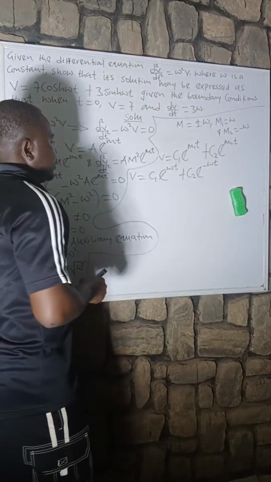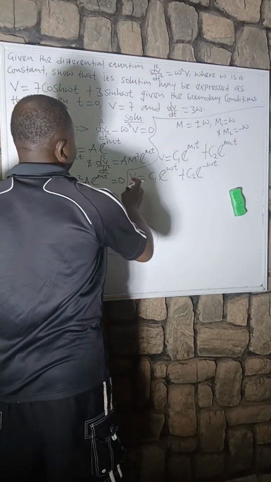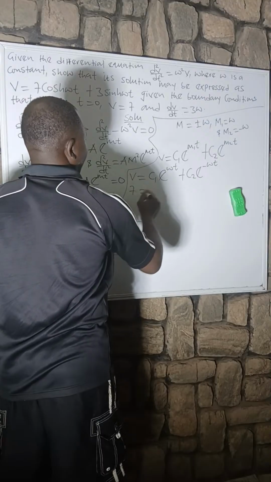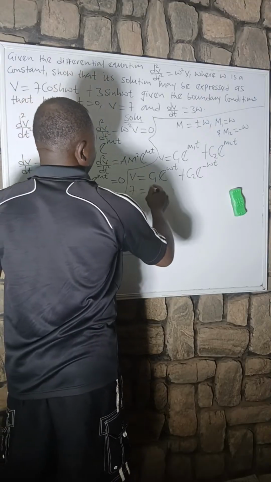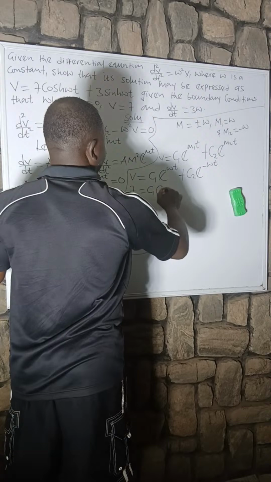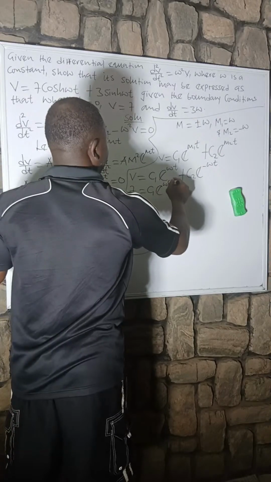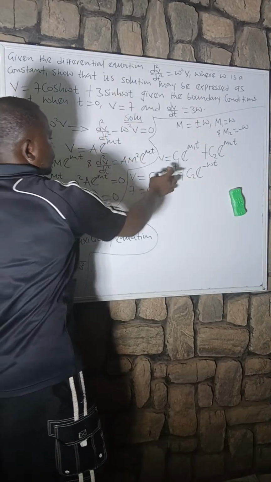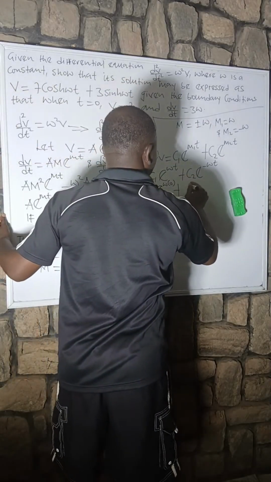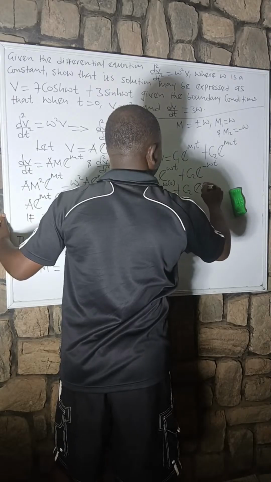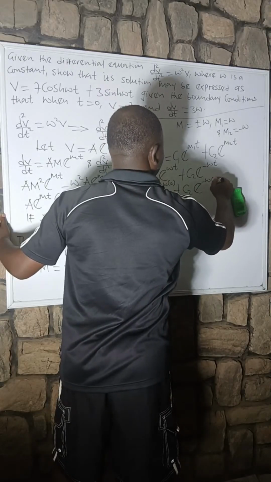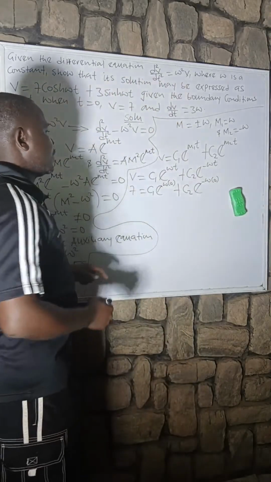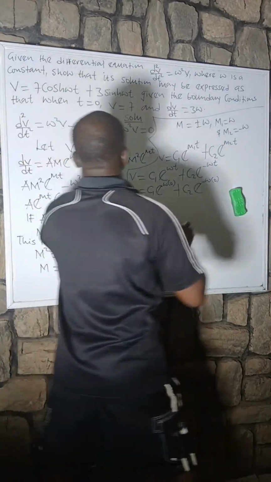Is that clear? So our v is 7, equals c1 exponential omega, this is 0, right? T is 0, then plus c2 exponential minus omega 0, our t is 0, right? That is the boundary condition.